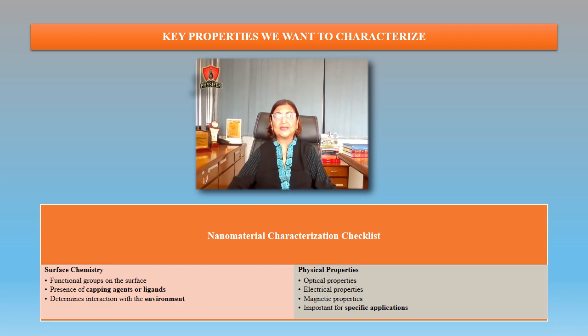Seventh, optical, electrical, and magnetic properties. Depending on the application, these may be the most important properties to be measured.